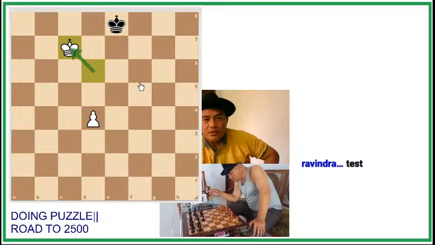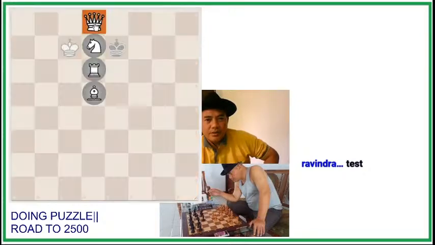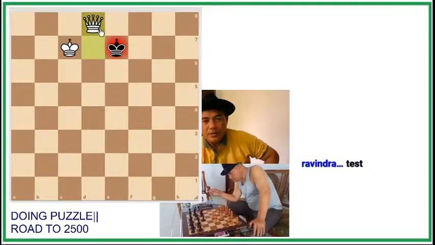Then the white pawn will be promoted on the promotion square, promote to win, and then checkmate black in the next moves.